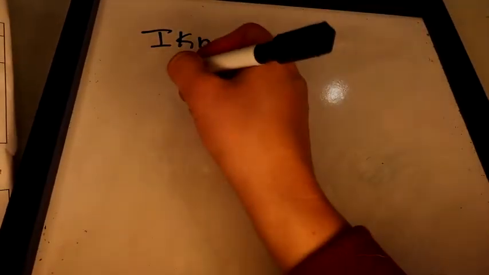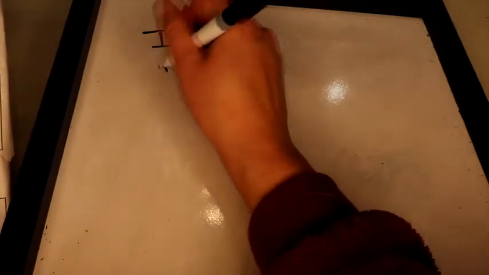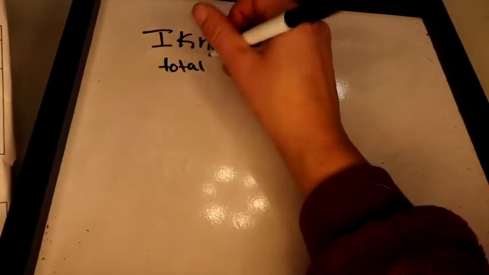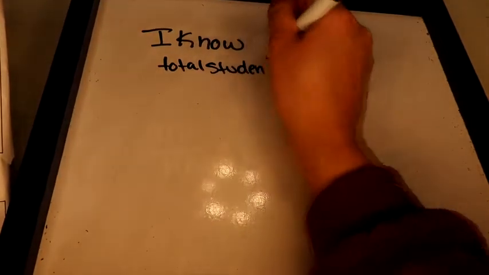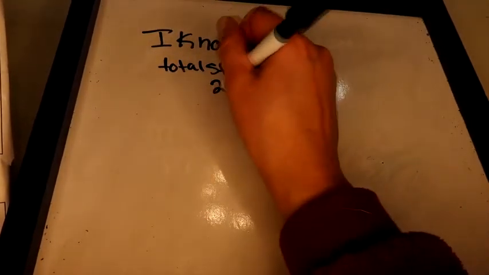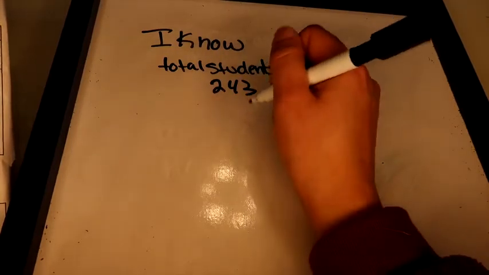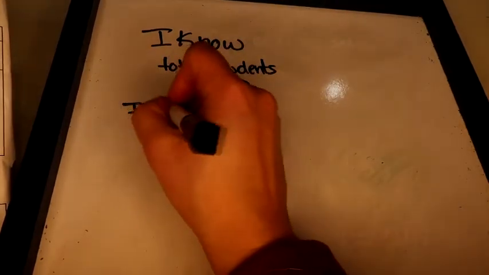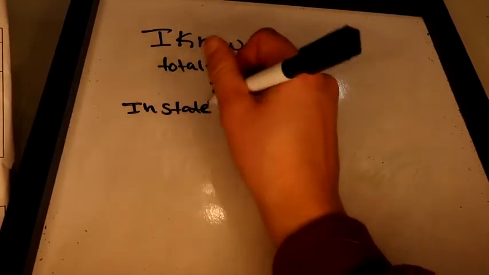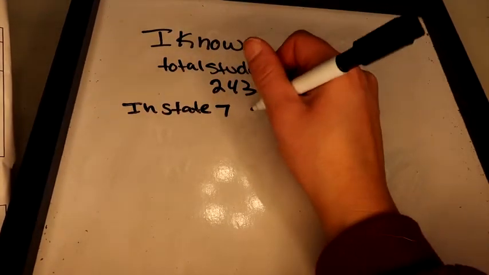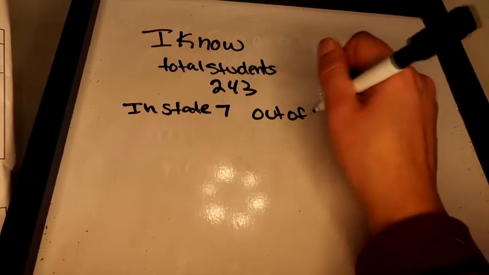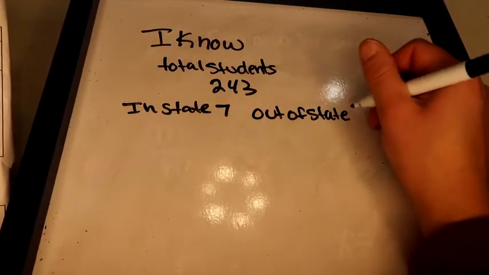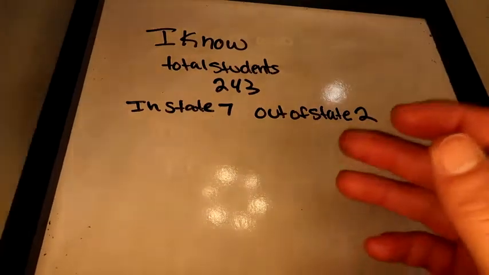So the first thing is there's a section that says, I know. What do we know? We know that total students are 243. We know in-state is 7 and out of state is 2. And yes, I want you guys to be writing this down in this little box.